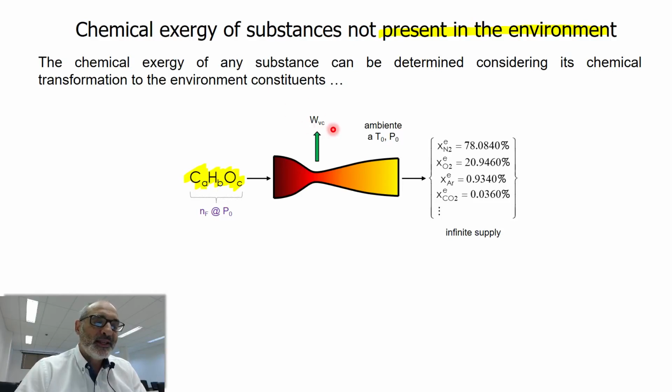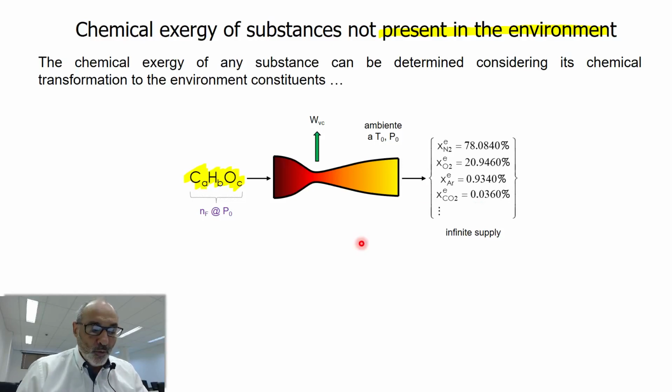I know already that the maximum amount of work is going to be its chemical exergy. But I also have to consider the environment, because the process is taking all kinds of differences from the original state to the environment, both in terms of pressure and chemical composition.